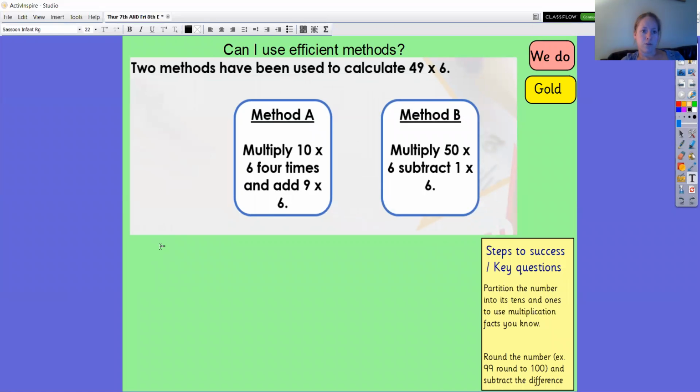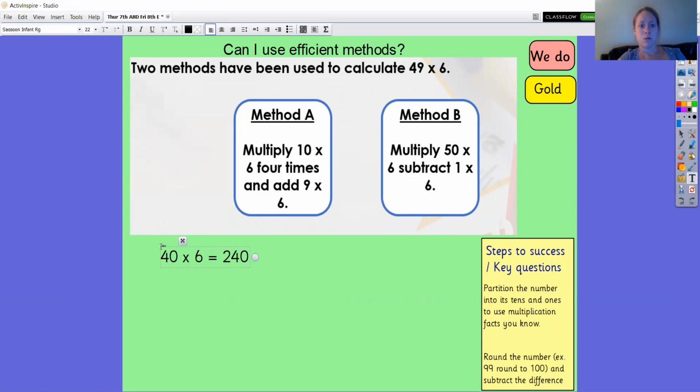If I just model that for you, you could do 10 times 6, 10 times 6, 4 times, or you could just do 40 times 6. And I can use my knowledge of the 6 times table. I know that 4 times 6 is 24. And then I'm going to multiply that by 10 to make it 240.